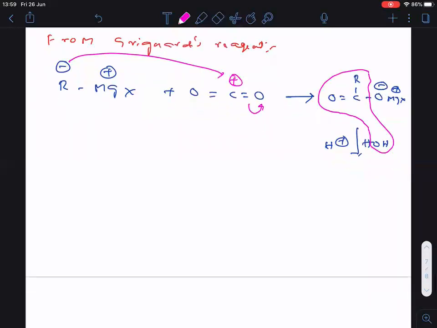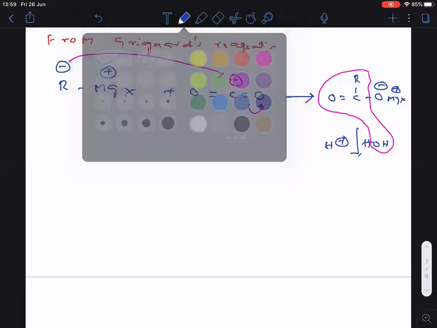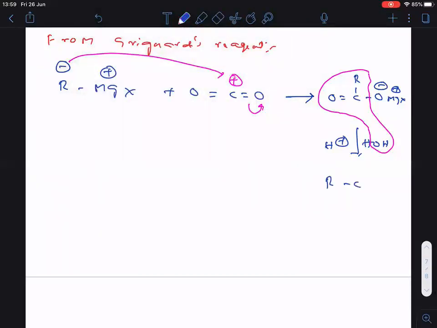In this way, we will get the carboxylic acid, RCOOH. Clear? What is the byproduct formed here? The byproduct is MgXOH. So CO2, when treated with Grignard, then you will get carboxylic acid.